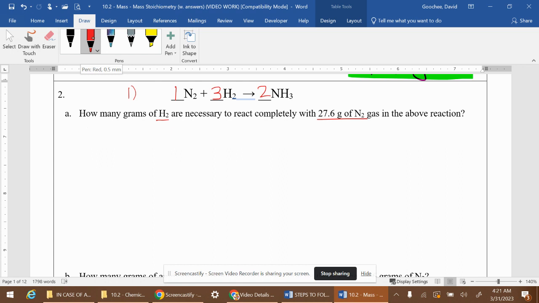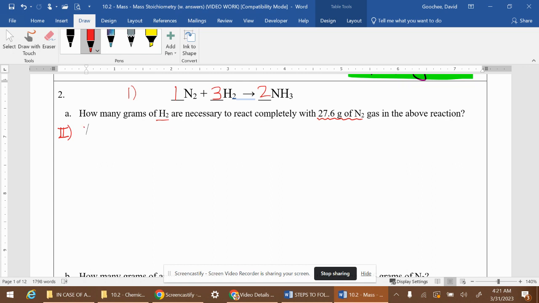All right, step 2. Step 2 is we need to get our starting amount that is given to us, this 27.6 grams of N2, and we need to convert it into moles, all right? Remember, moles, impossible to measure directly, critical for chemical calculations.